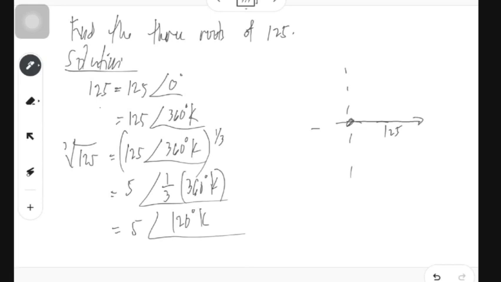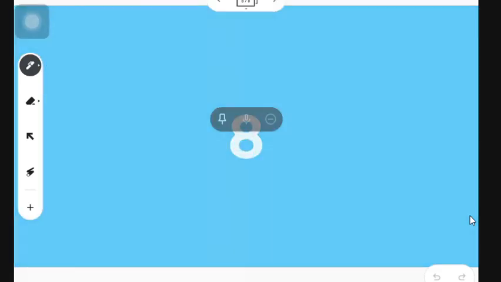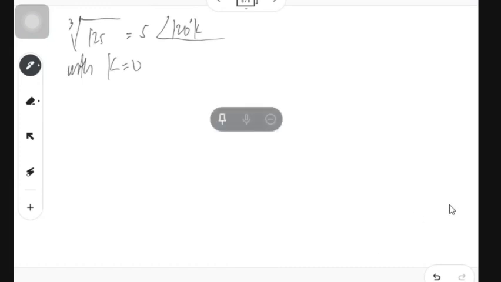Do you follow? Now, let's have the first root. The cube root of 125 is 5 angle of 120 degrees k. Now, with k equal to 0, we have the first root. We can say then that the cube root of 125 is 5 angle of 0.